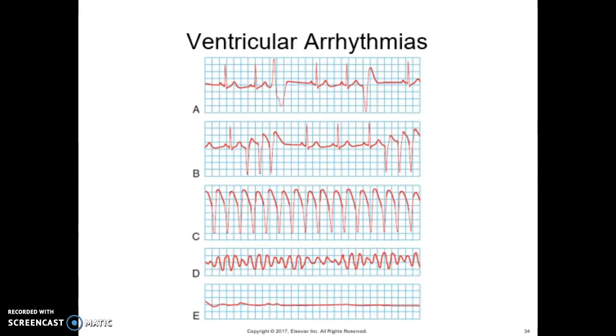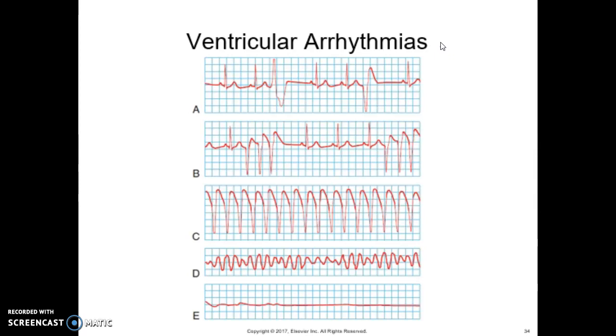So here are some premature ventricular contractions in A right here. Sorry, I should show you what I'm talking about. These PVCs occur when the ventricles contract before they should for the next cardiac cycle. When do PVCs occur and how do they look on the ECG?